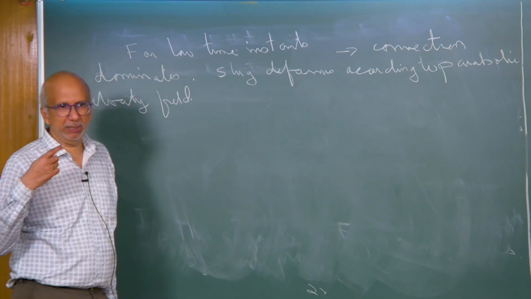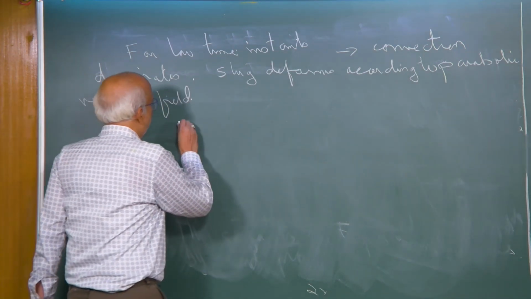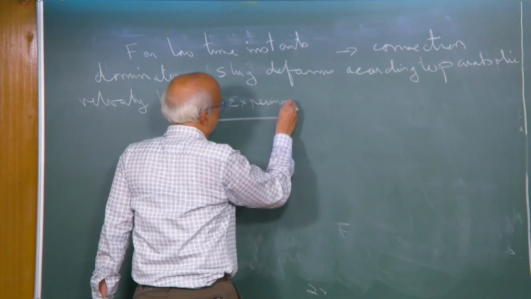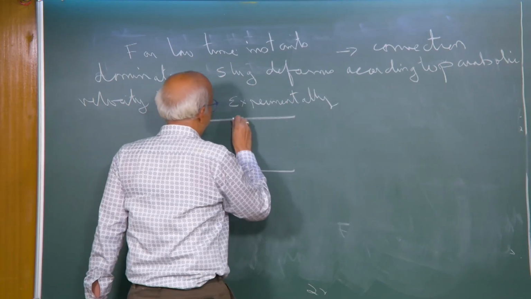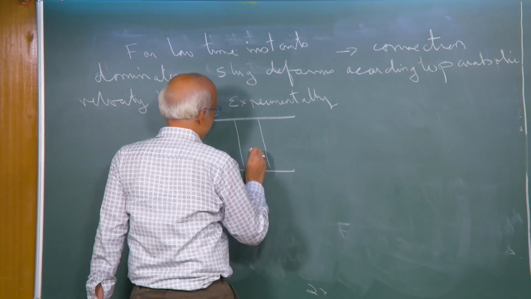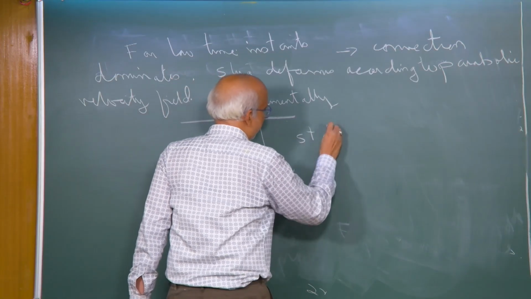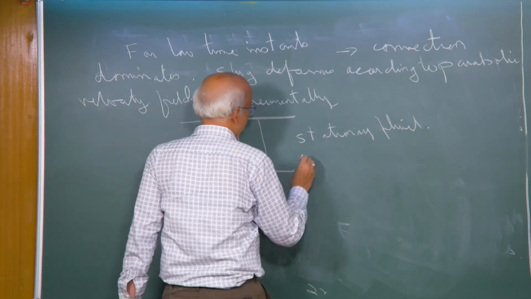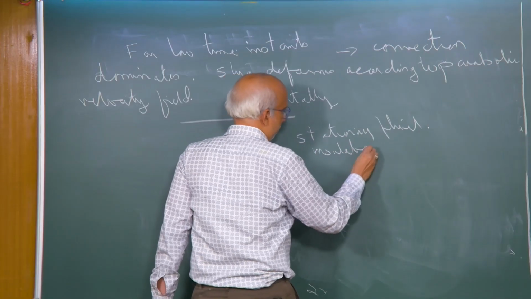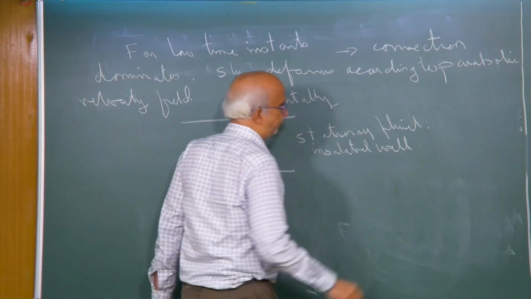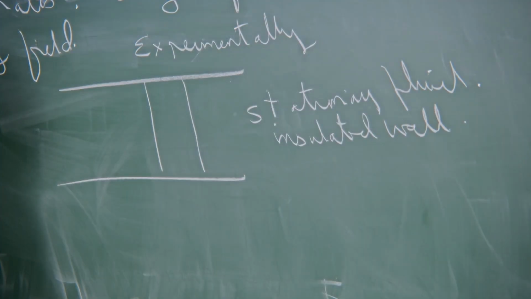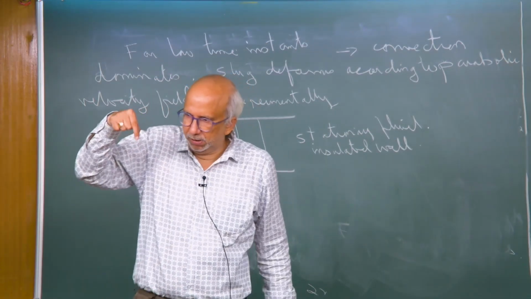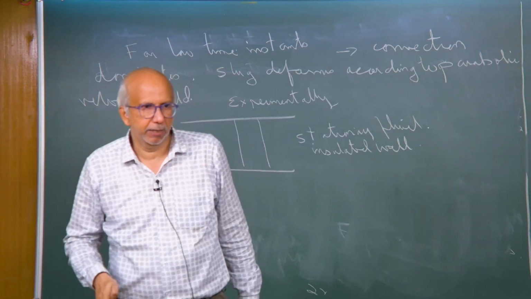So how would you possibly think of doing an experiment? A couple of ways. We can have a stationary fluid and I have the slug. Okay, I have stationary fluid and let us say insulated wall, and then I put some heating rod and increase the temperature at the center.